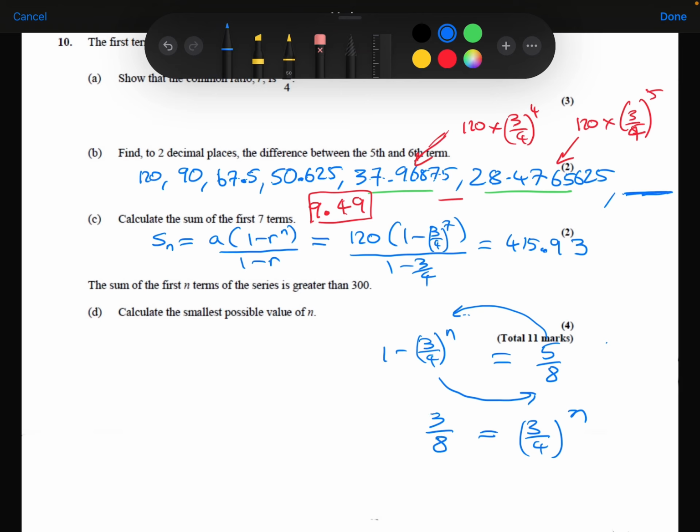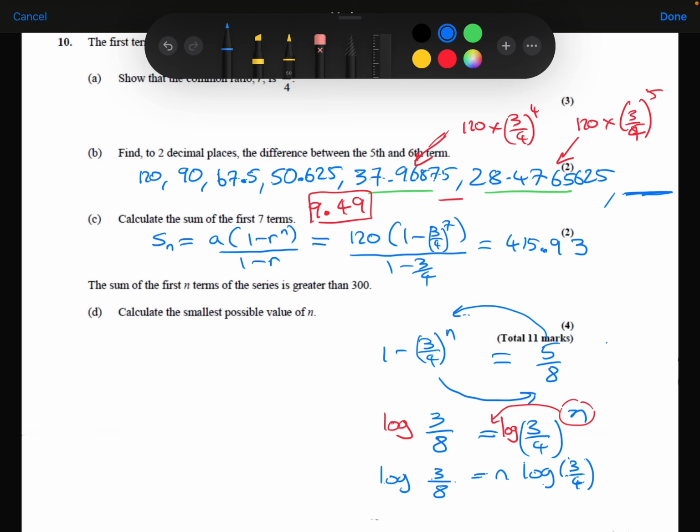And at this stage, I can now take logarithms of both sides to work out the power n. So if I do a log on the left-hand side, and I can do a log on the right-hand side, I'm just doing log base 10 at this stage. So then I can take the power and move this to the front. So I'll get log 3/8 is equal to n log of 3/4.